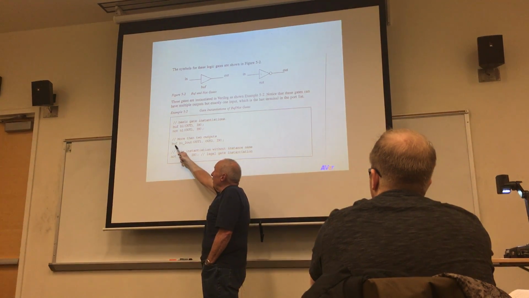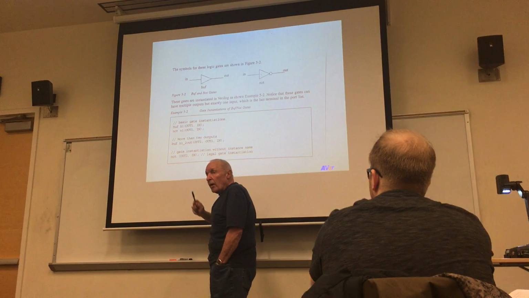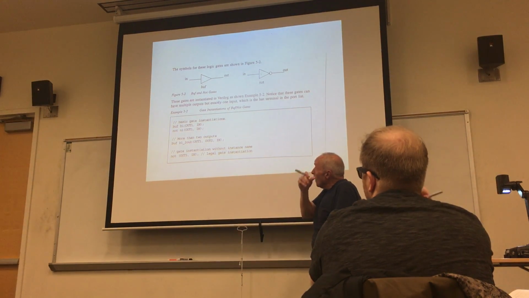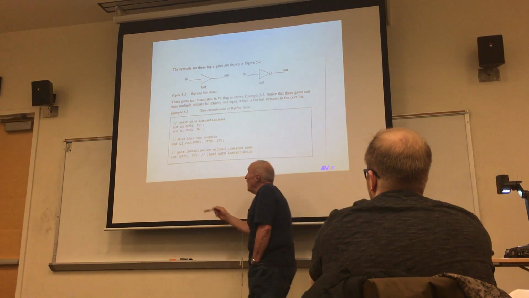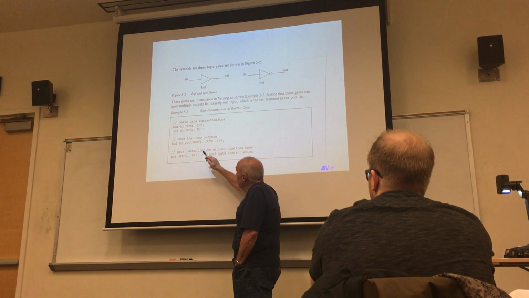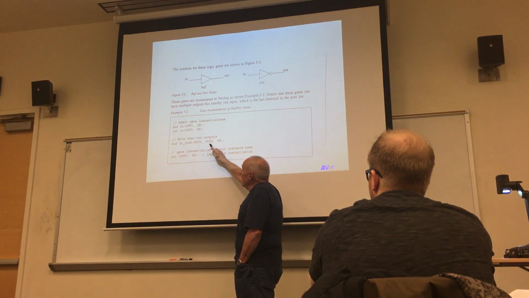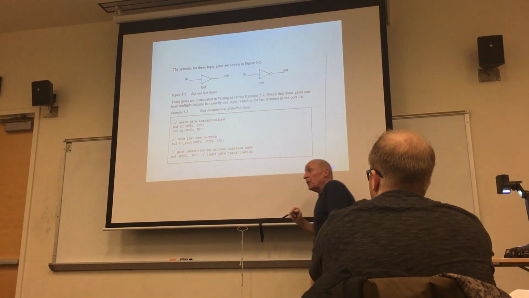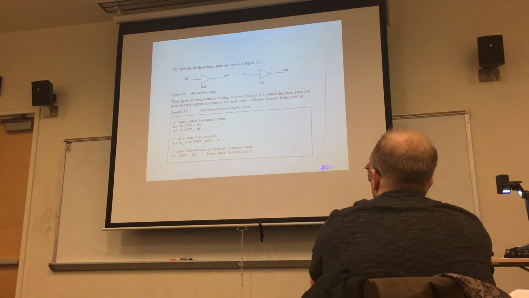If you declare a buffer or an inverter, and the port list has more than 2 entries in it, all of the entries except the last are outputs, so you can have multiple output devices.